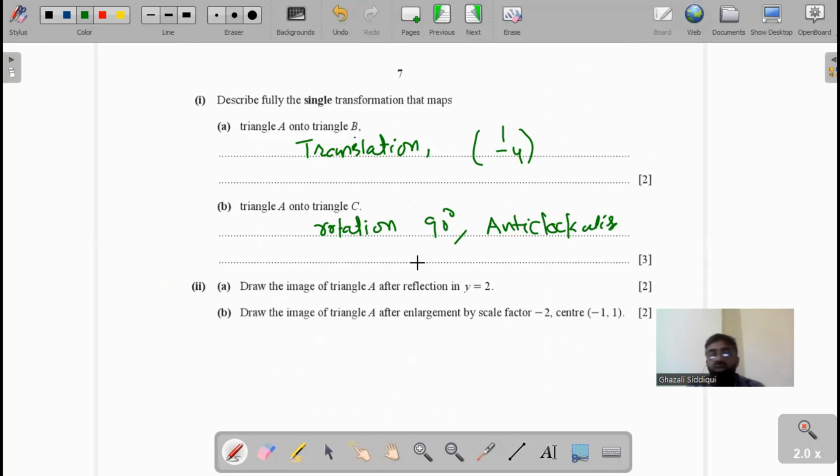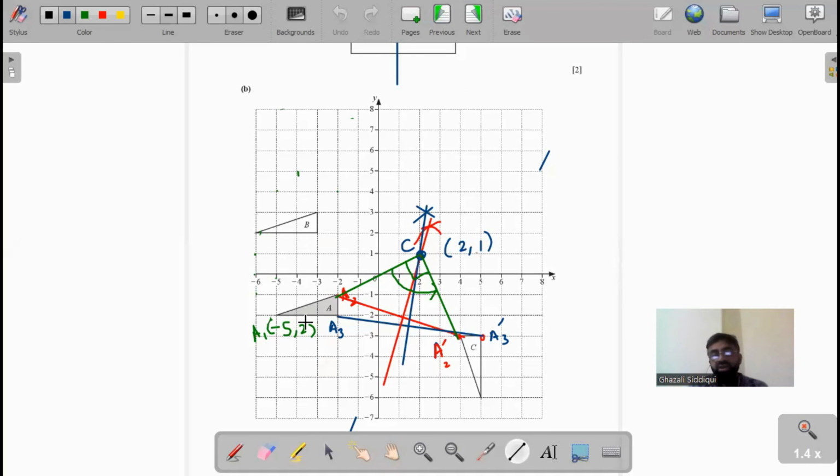Okay. Now part second, A, draw the image of triangle A after reflection in y equal to 2.